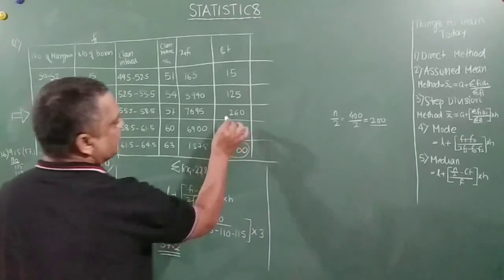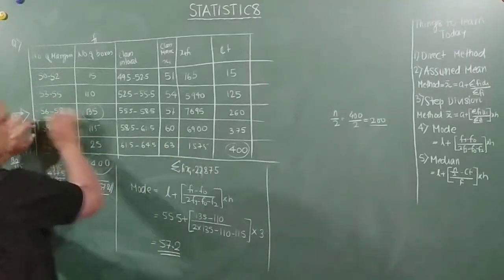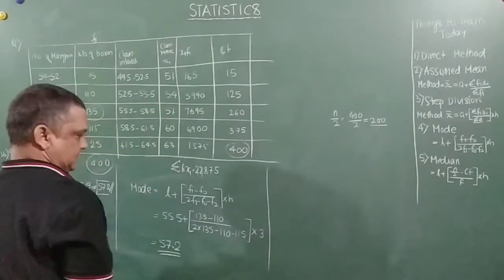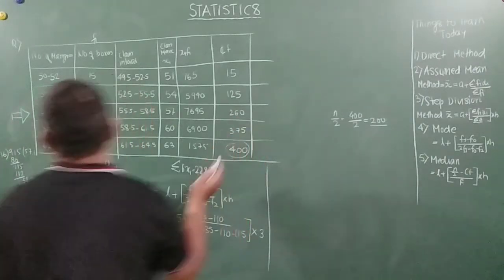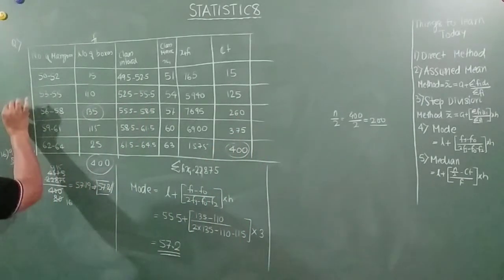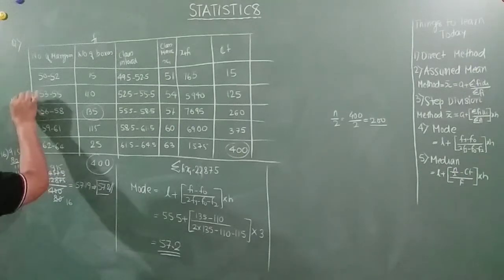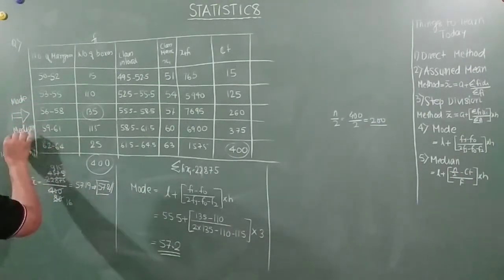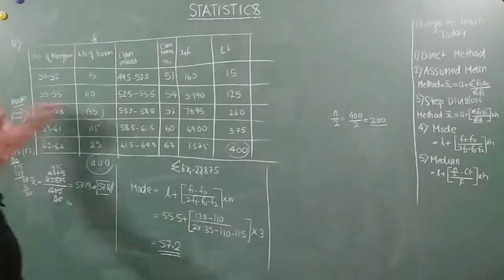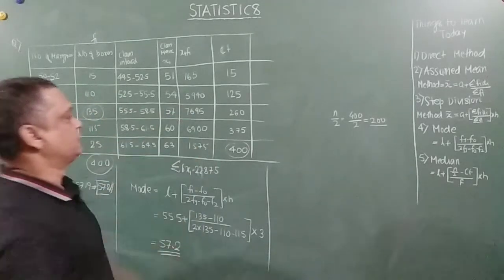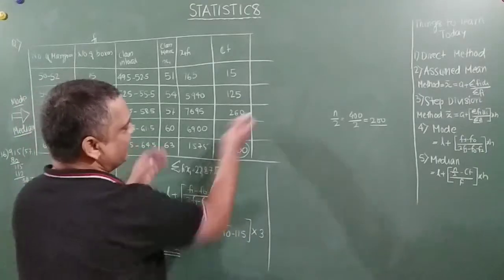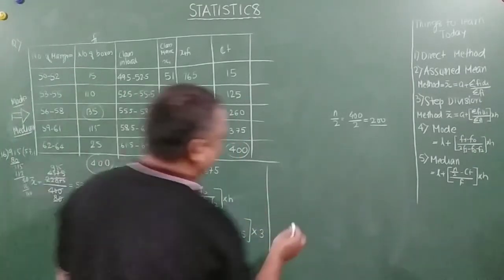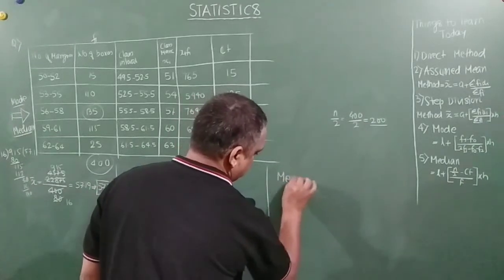So we will consider this class, this has to be the median class. So this is also my mode and median. Both classes are the same, mode and median. This is my modal class also, this is my median class also, right? So once we have identified the median class, then we can apply the formula and get the result.